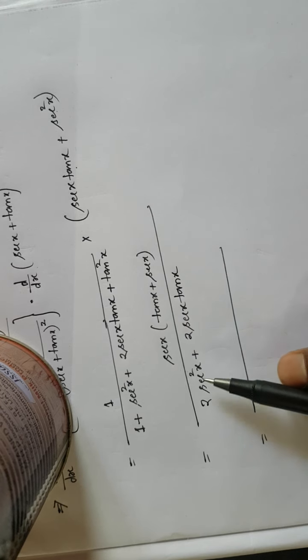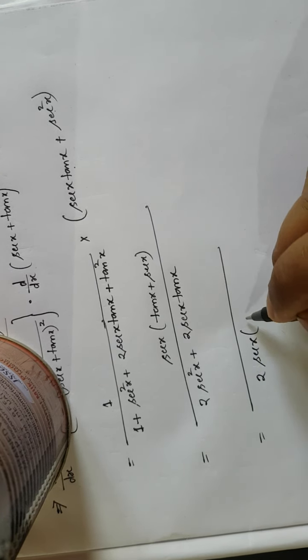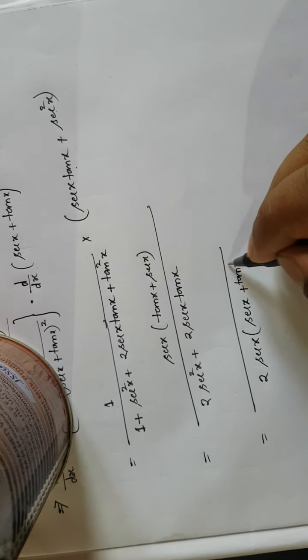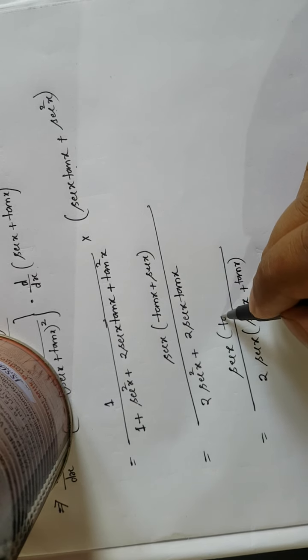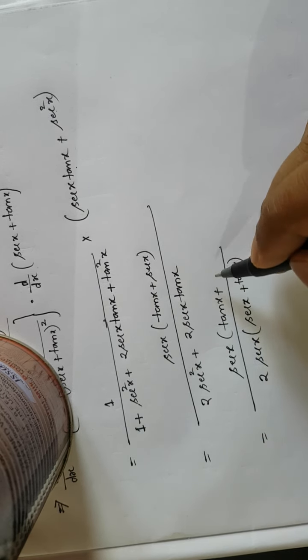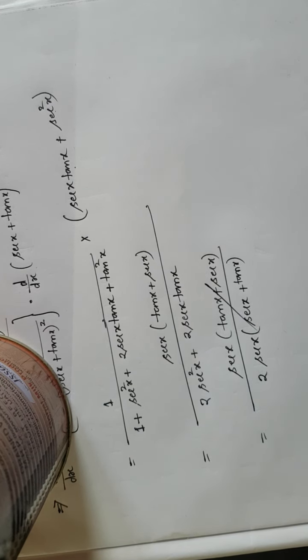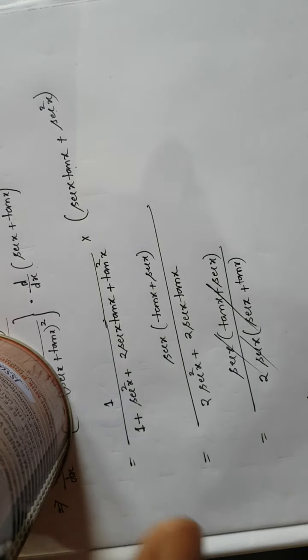If you take 2 sec x common, it will be twice sec x into sec x plus tan x. In the numerator, it is sec x multiplied by tan x plus sec x. That is cancelled. Answer is half.